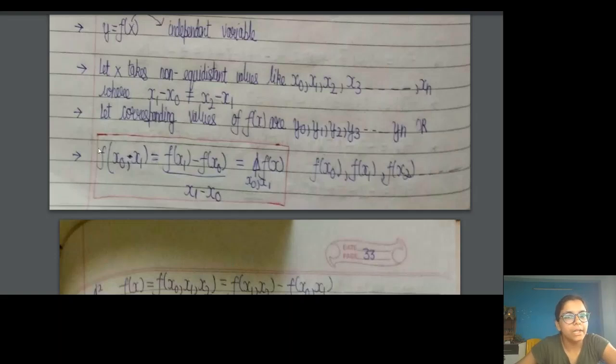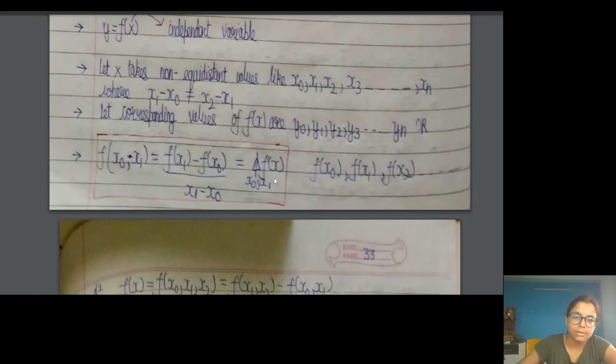If we take x0 and x1, we could say that f(x1) minus f(x0) divided by x1 minus x0 would give us the divided difference.